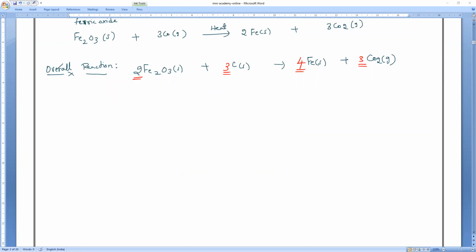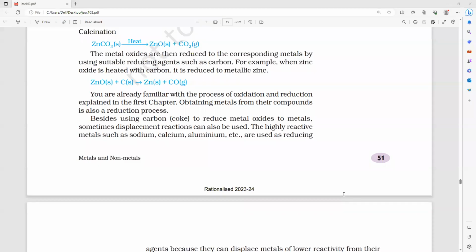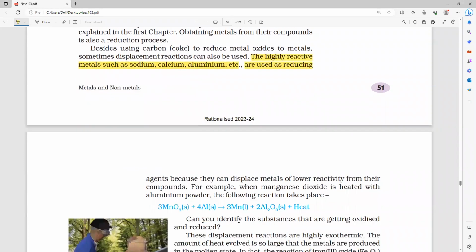We can react with aluminum in a displacement reaction. What is the displacement reaction? Check it, everybody. Highly reactive metals such as sodium, calcium, and aluminum are used as reducing agents because they can displace metals of lower reactivity from their compounds.